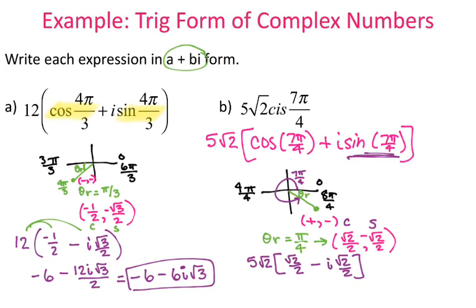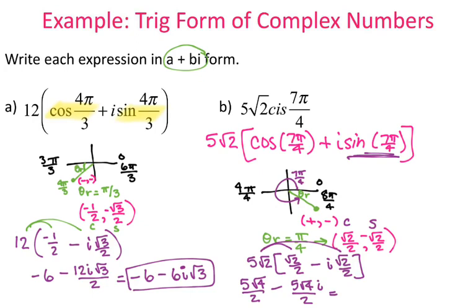Now I'm going to show you every little detail of what's happening here because there's a lot to process with all the radicals. So 5 root 2 times root 2 over 2 gives me 5 root 4, because I can multiply what's inside the radicals, over 2, minus. Same deal over here. So 5 root 4, forgot my i, I'll just shove my i over here, over 2.